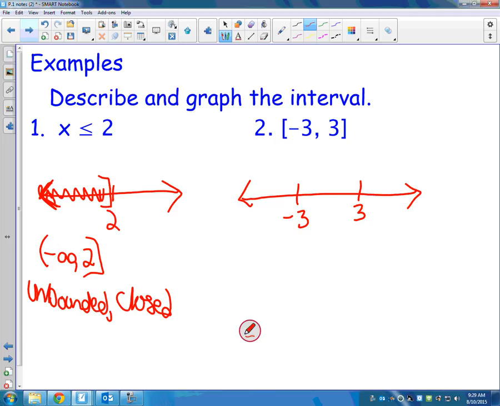When it's in interval notation, just like I said over here, I think it's really easy to graph it, right? We're just going to bring that straight down, and we're going to put the bracket here and the bracket here. It's everything in between -3 and 3. And what would the description on this one be? Bounded and closed.